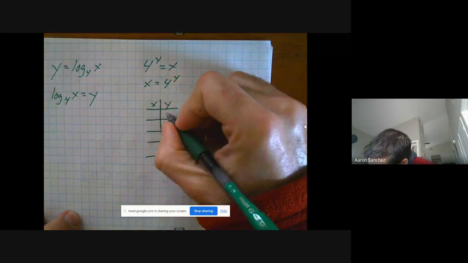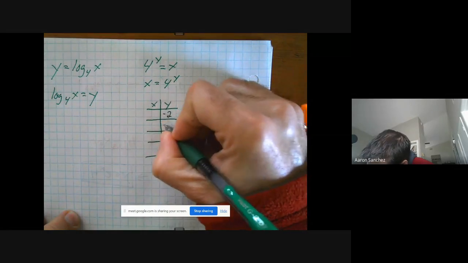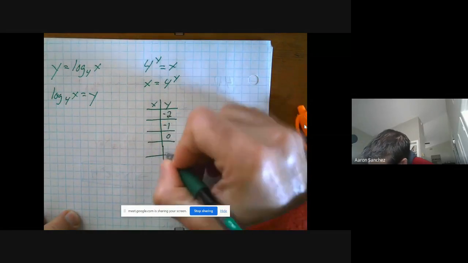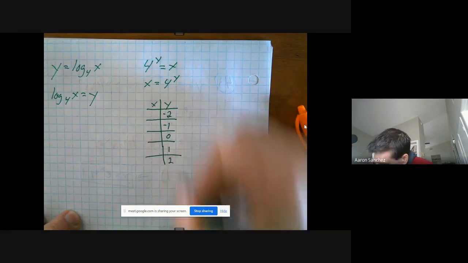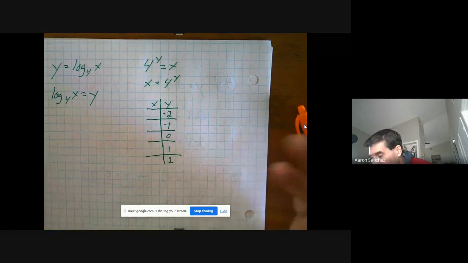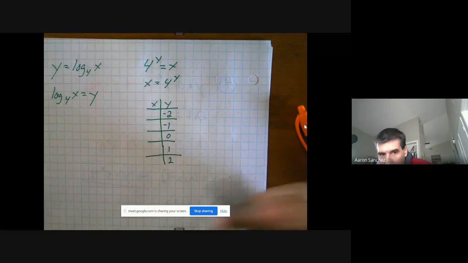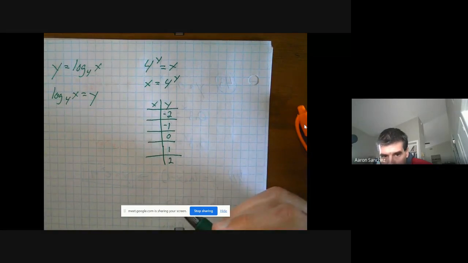Any numbers, but let's just go with -2, -1, 0, 1, and 2. Plug those numbers in for y. We need negatives and positives so we get a good picture. All we're doing is doing everything backwards, because logarithms are the inverse of exponents.